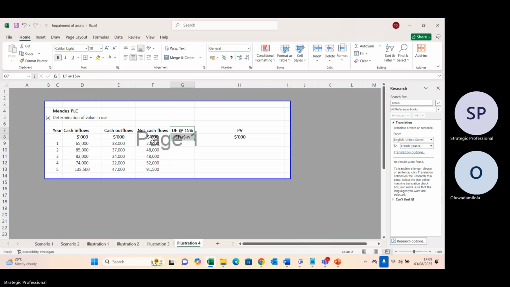Because the 100 pounds you are holding today is not the same as 100 pounds in a year's time or in 2 years' time. So because of that, you need to do the present value of that cash flow.